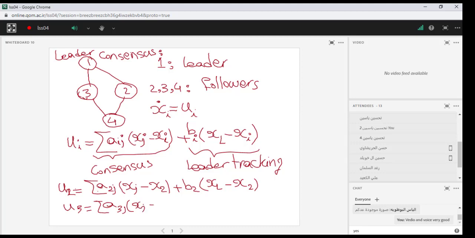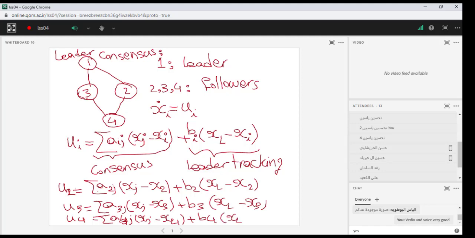U3 like this, a3j xj minus x3 plus b3 times xl minus x3. U4, a4j xj minus x4, plus b4 times x leader minus x4.